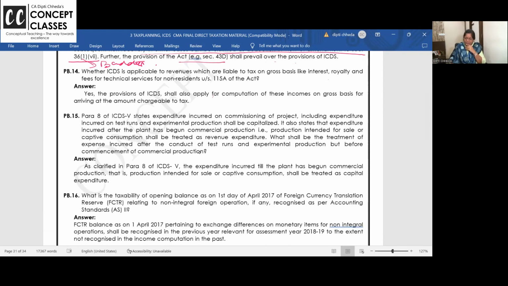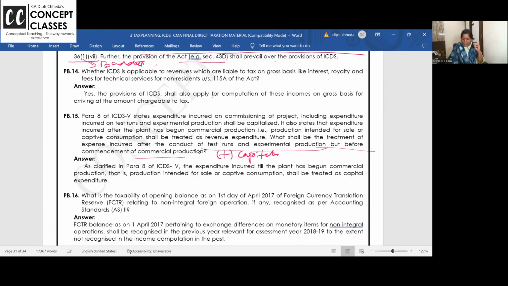ICDS 5 states that expenditure incurred on commissioning of the project, including expenditure on test run and all, shall be capitalized. It also states that expenditure incurred after the plant has begun commercial production should also be capitalized. Yes. What should be the treatment of expense incurred after the test run? After the test run also and before the commercial production, keep on capitalizing.